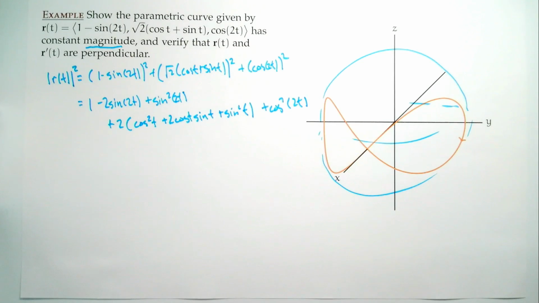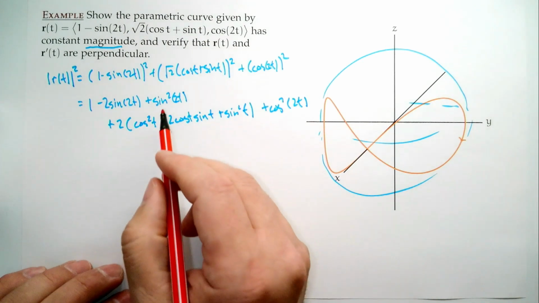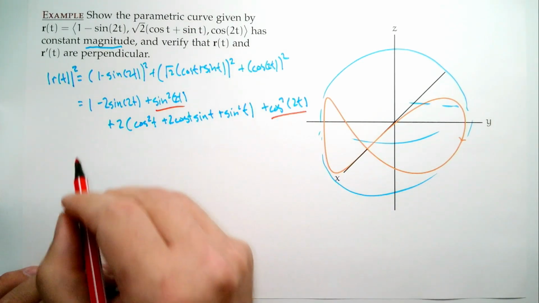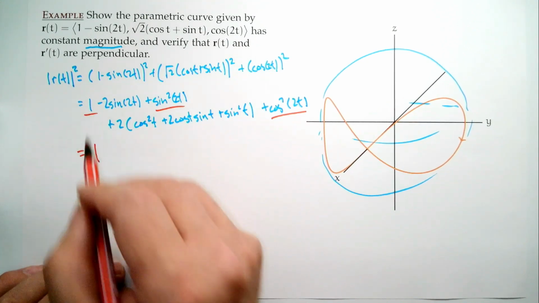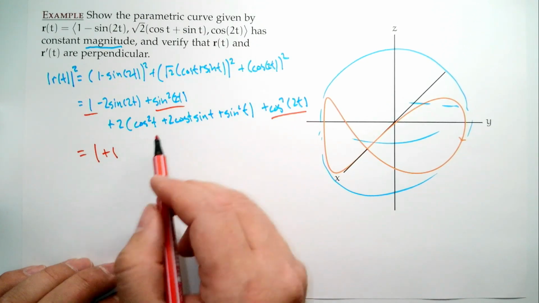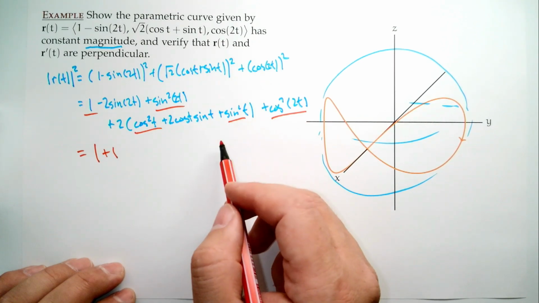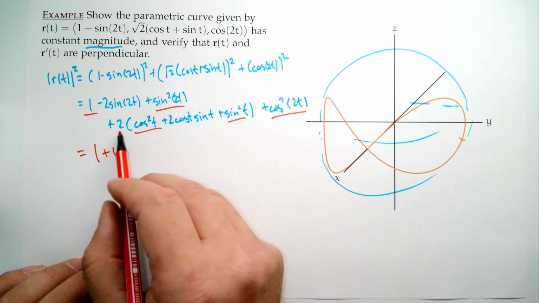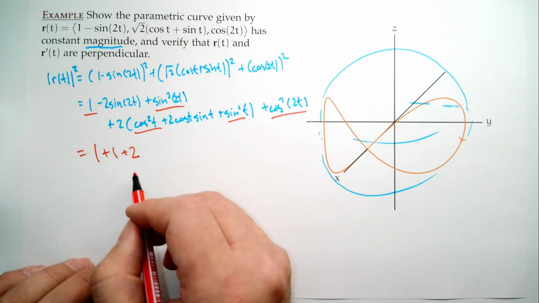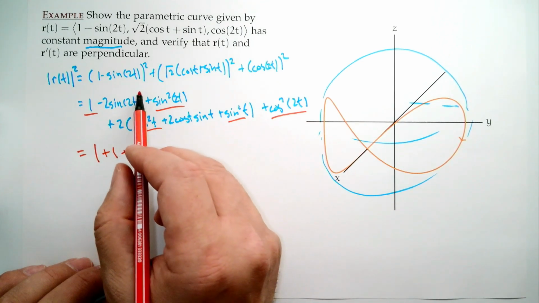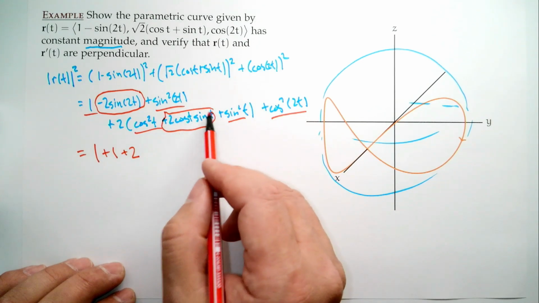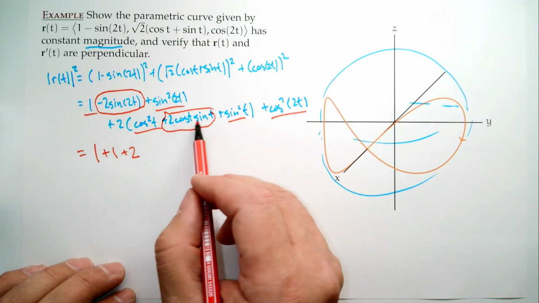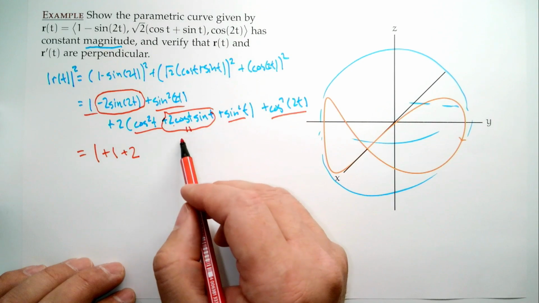And now you start playing your matching game. Sine squared 2t plus cosine squared 2t, what does that give you? 1. What does cosine squared plus sine squared give you? 1. And then there's a 2 times there, so that's plus 2 more. But hold on, 2 cosine t sine t, what's that equal to?